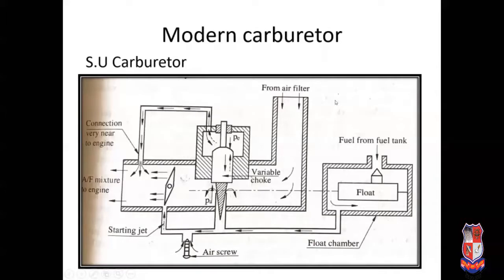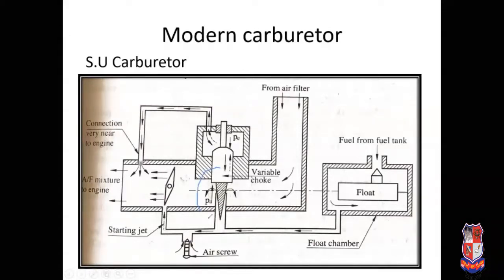Okay, next modern carburetor, that is the SU carburetor. In the previous two carburetors we have seen that there is a constant venturi area, but in the SU carburetor the area can be varied.